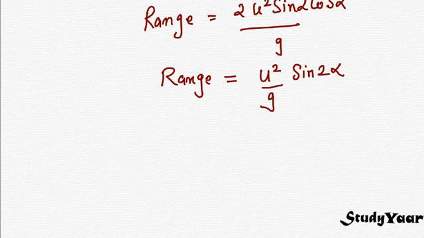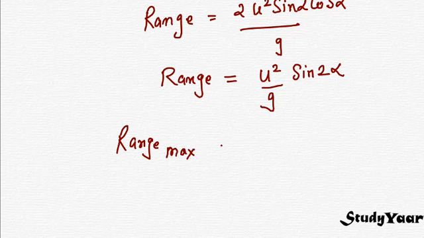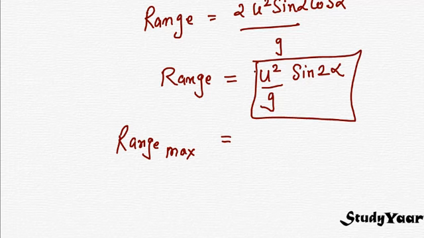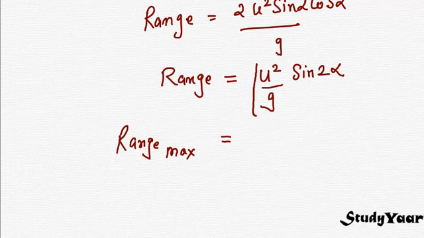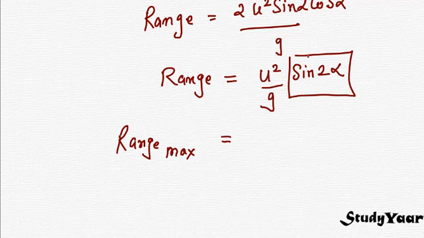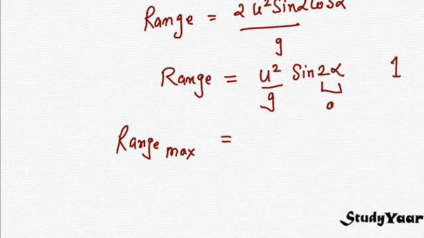What if you wanted to maximize your range? What would be your range max? My maximum range would be when I would maximize this expression. Your initial velocity is constant, your g is a constant. I could maximize it by altering my angle. And what is the maximum value of this expression? The maximum value of sine 2 alpha is going to be 1 when 2 alpha is 90 degrees.